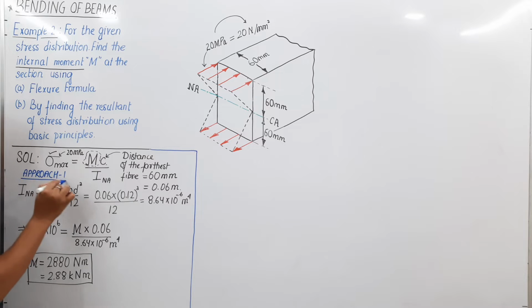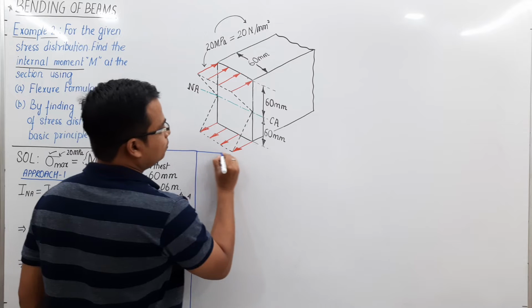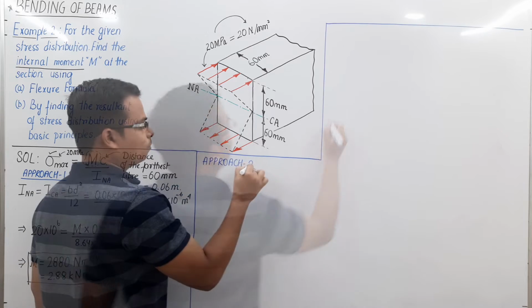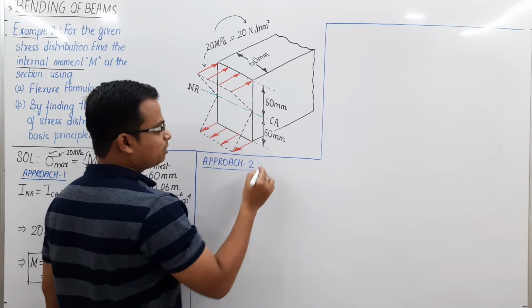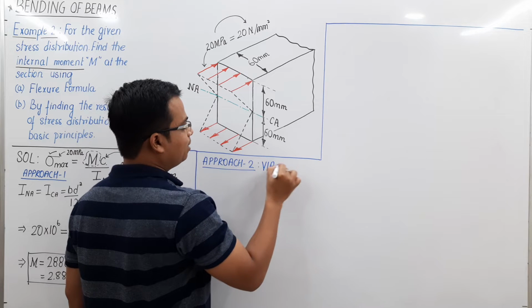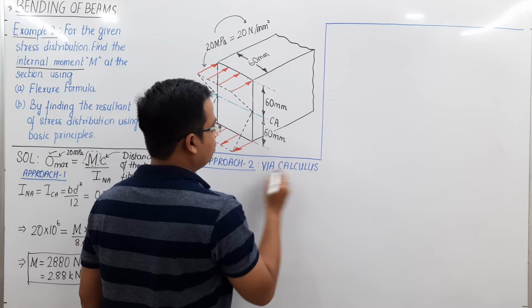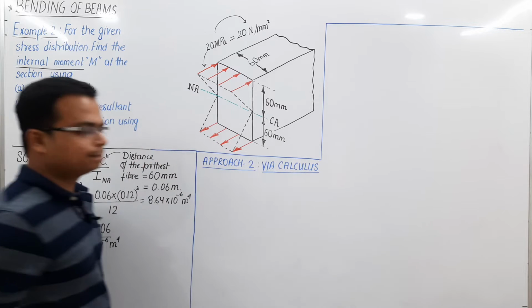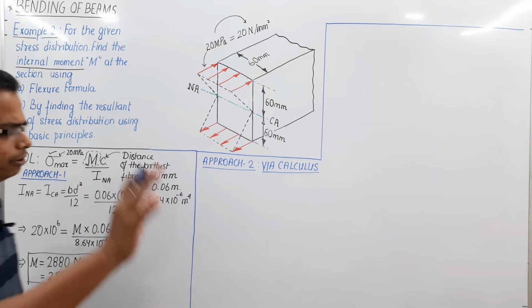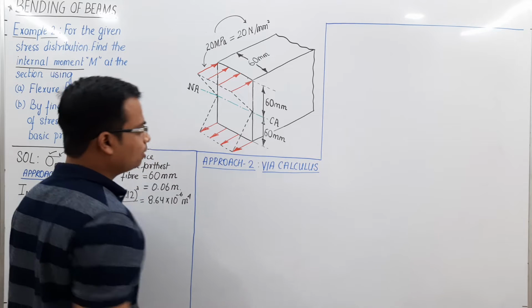Second approach. Let's make some space. Guys, watch. This approach is basically using calculus, via calculus. So a lot of drawing needs to be done before applying the method. Let me show that to you. You'll eventually understand everything. Just take a look.